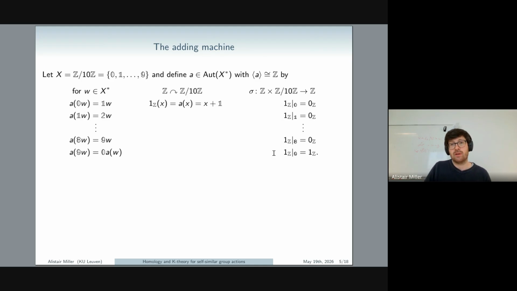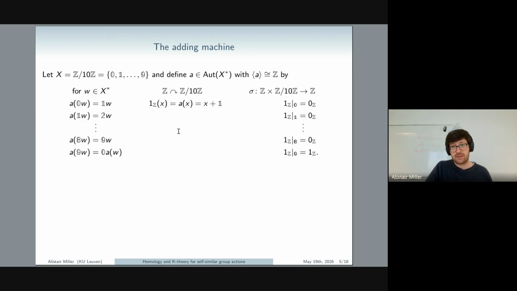So my cocycle of the generator of Z at each digit is going to be 0, except at 9, when I'm going to carry the 1 and I'm going to get 1 back again. Here I'm using some notation to try and distinguish the numbers that happen in Z from the digits that happen in Z mod 10. So you get this behavior like this.